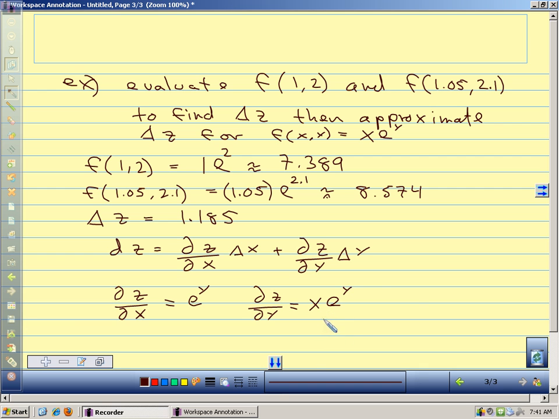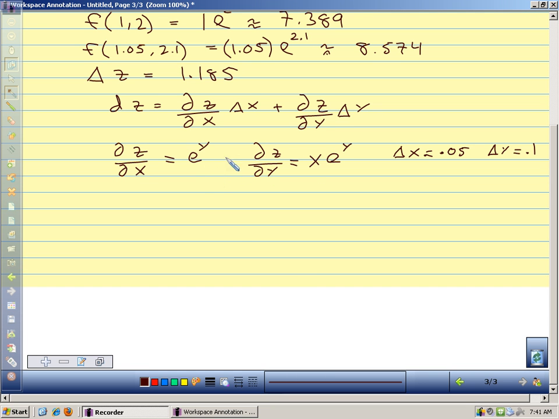And delta x, from here to here, is 0.05, and delta y is 0.1. So our total differential is just 0.05 e to the y plus 0.1 x e to the y.